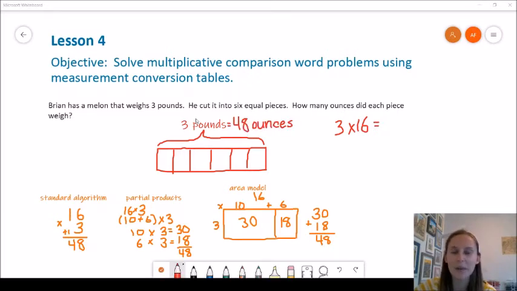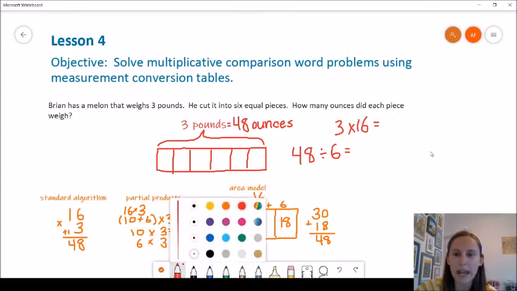Now that we know that 3 pounds is equal to 48 ounces, we need to find what each one of these 6 equal parts is. So what do you think we should do to find how many ounces each of these parts is? Well, our whole is 48 here, so we need to divide 48 ounces by 6 equal parts.